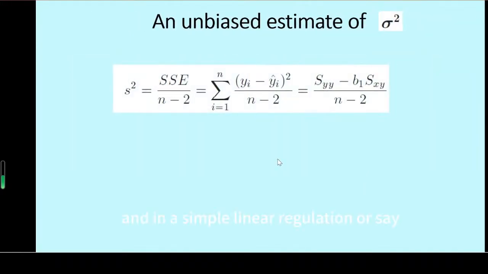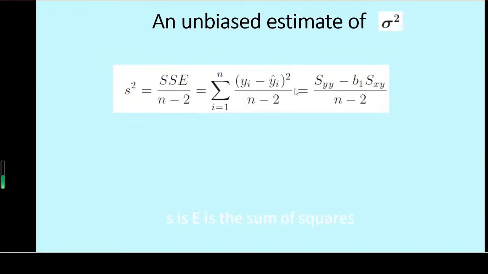And in simple linear regression, with only one independent variable x, the estimate of sigma square has this form. This S square is an unbiased estimate of sigma square. And the calculation of S square is SSE divided by n minus 2.